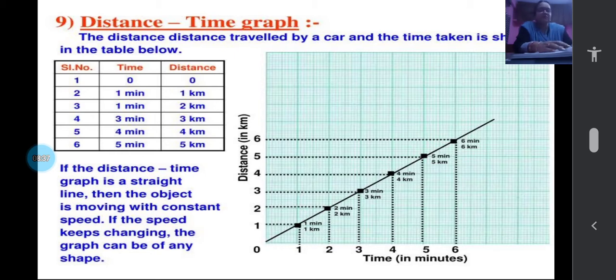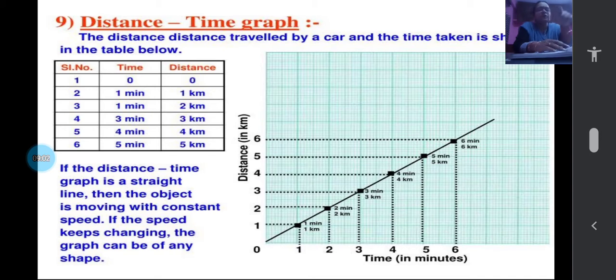1 centimeter. In the x-axis, observe the time in minutes: 1 minute, 2 minutes, 3, 4, 5, 6 minutes. And in the y-axis, from O, from 0, 1, 2, 3, 4, that is in kilometers: 1 kilometer, 2 kilometers, 3, 4 kilometers, like that it goes. Now how will you plot? As per the given data, after 1 minute it has covered 1 kilometer, so you have to keep a dot there.